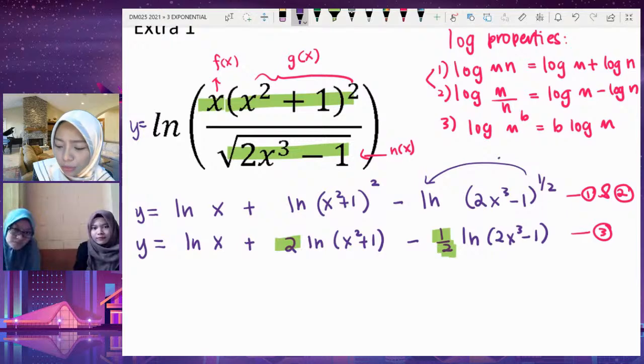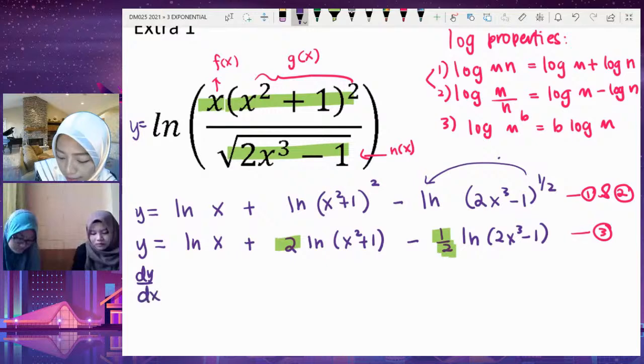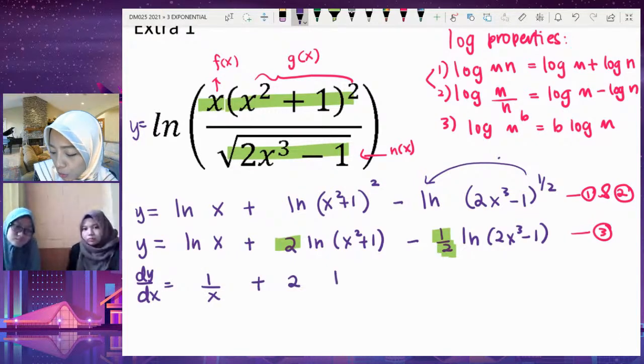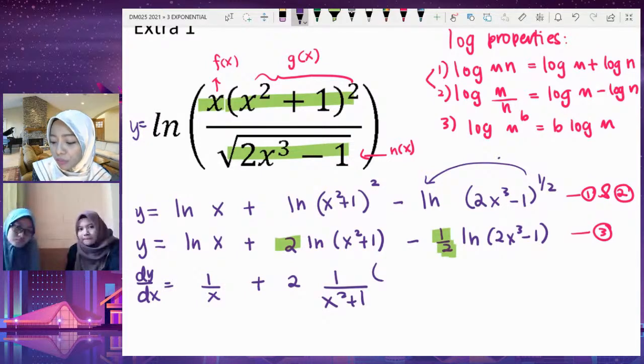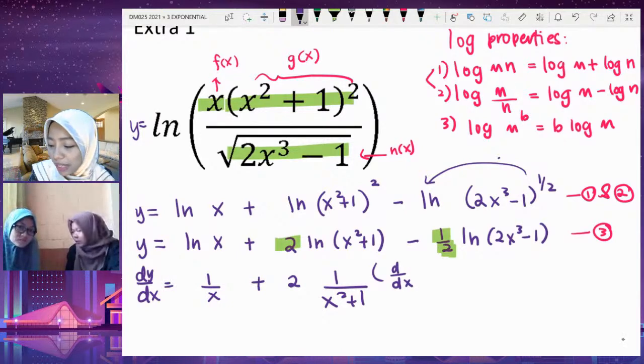Okay, now we continue. Now only we ready to differentiate. So dy over dx sayang. Differentiate ln x, 1 over x plus 2, 1 over x square plus 1, and then don't forget the differentiation of the function. Okay, you nak tulis ini dulu pun boleh ataupun you nak terus differentiate pun boleh.